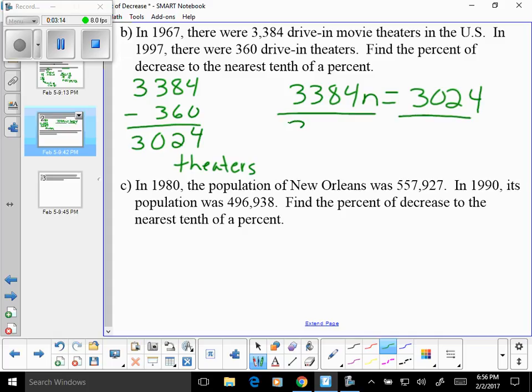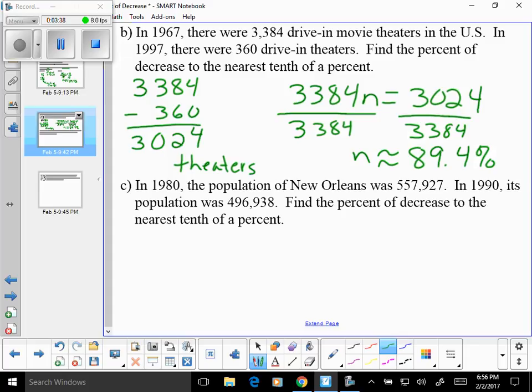Divide both sides by 3,384. And n is going to equal approximately 89.4%. And these, by the way, are true statistics for example B.